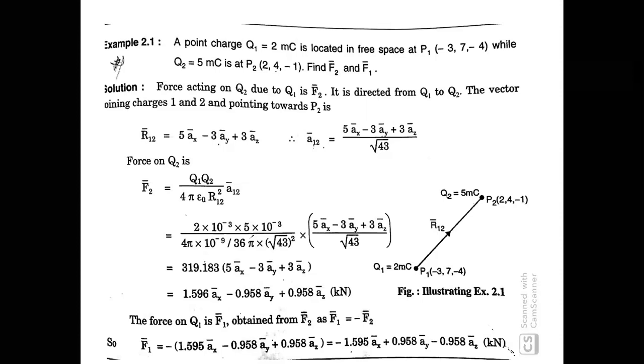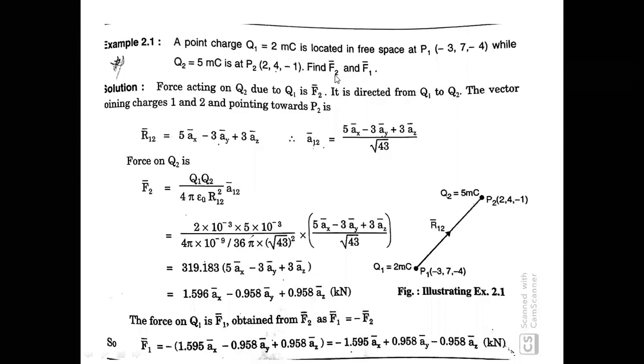Similarly, charge Q2 is located at P2 whose location is 2, 4, minus 1. All of you get it? So we have to calculate F2 bar and F1 bar.